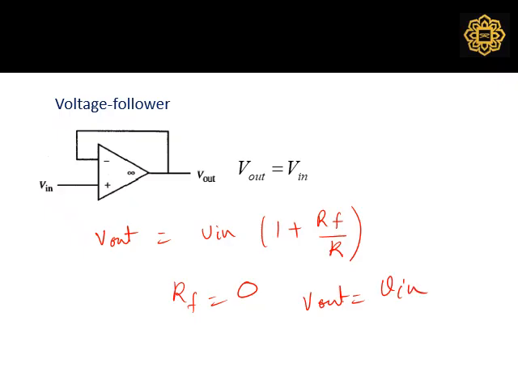Now, why do we need a voltage that is exactly the same as the input voltage? What is the purpose of having an op-amp circuit in between? The reason is the op-amp has the characteristic of high input impedance, so it will not draw any current and will have less loading effect. Let's say you want to develop a voltmeter. You don't want a condition where the voltmeter itself draws current to measure the voltage across the system.